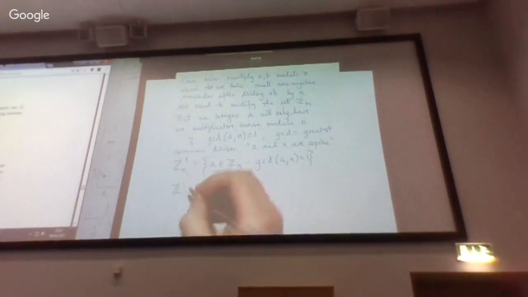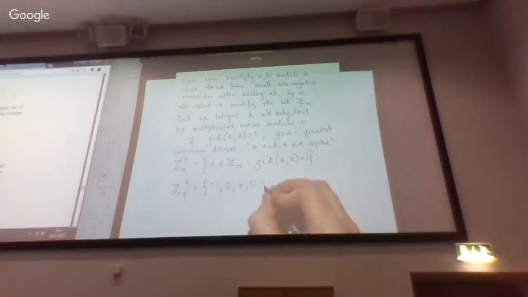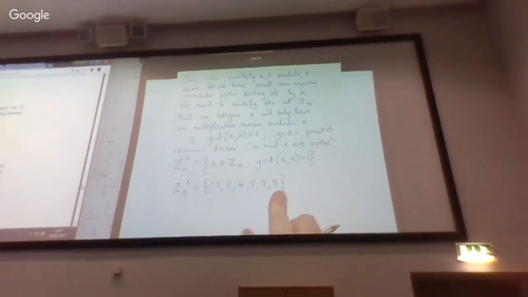So in order to get another 6-element group to look at, we can look at Z9. If you look at the elements of Z9 under multiplication, they will be 1, 2, 4, 5, 7, and 8. There's no 3, no 6, and no 0, because the greatest common divisor of 0 and 9 is 9, since 0 can be divided by any integer.